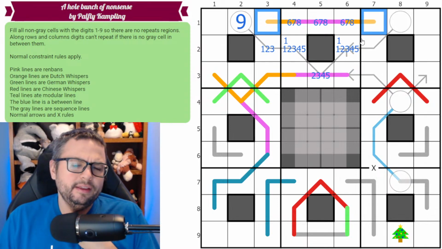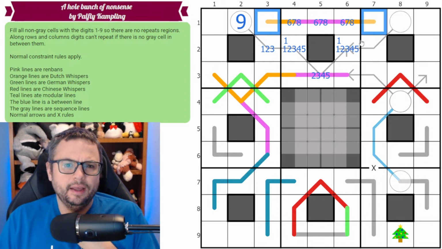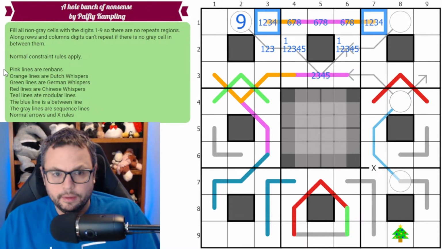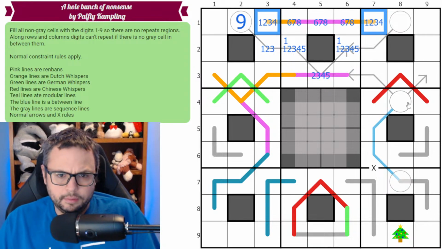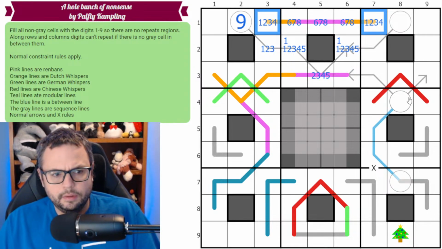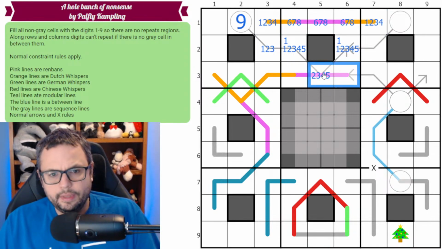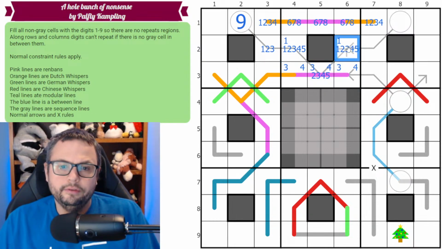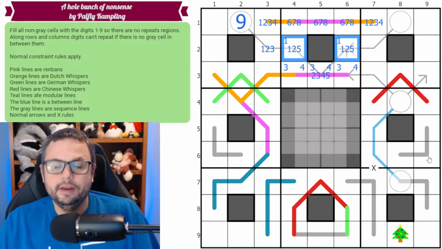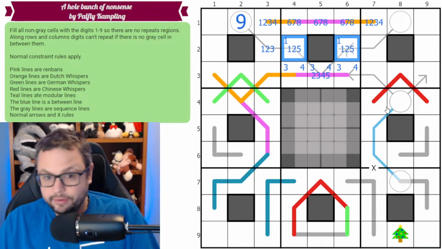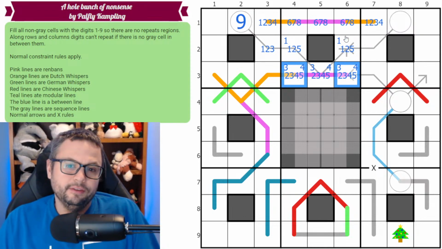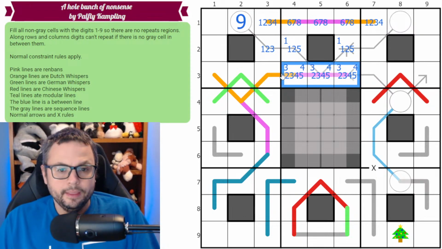It's still true that these need to be at most 4. Yeah, these are certainly from 1, 2, 3, 4. I should fill in. Yeah, there's definitely a 3 and a 4 on the Renban. That's true. So these are not 3 or 4, because we know it's from 2, 3, 4, 5, because there's certainly not a 9 down here.